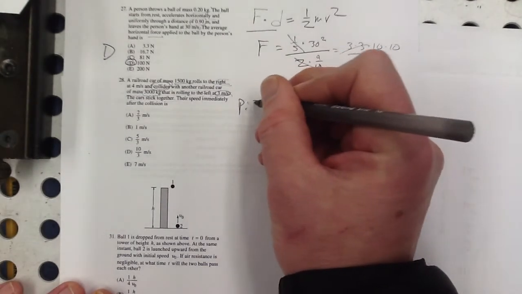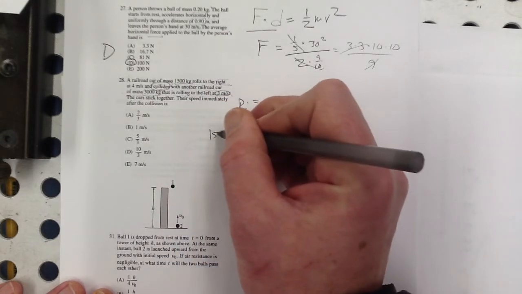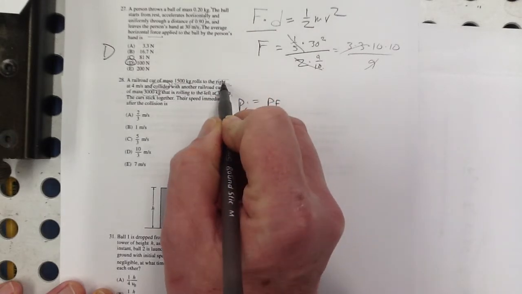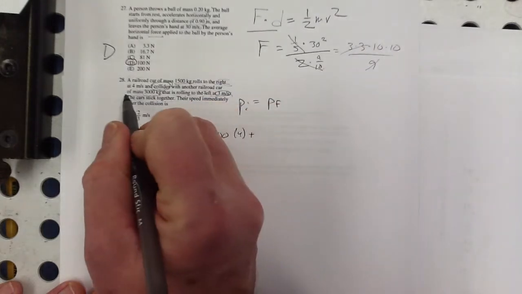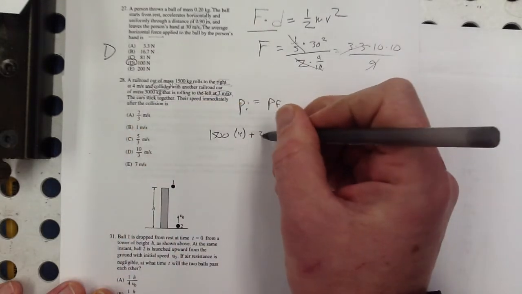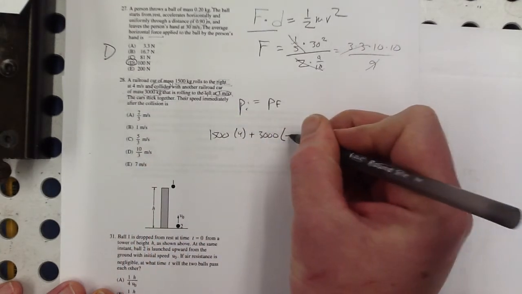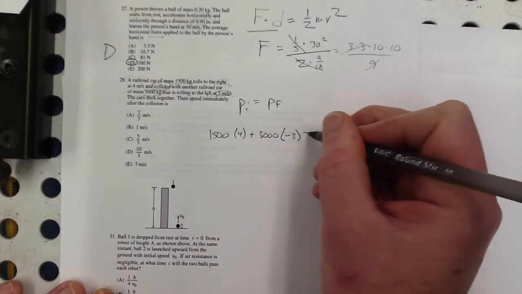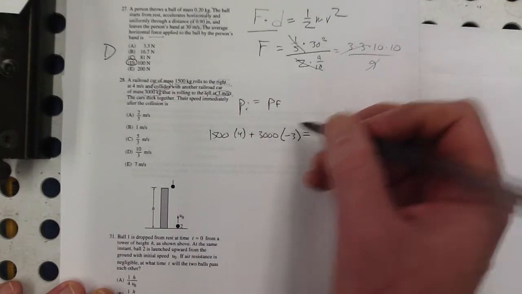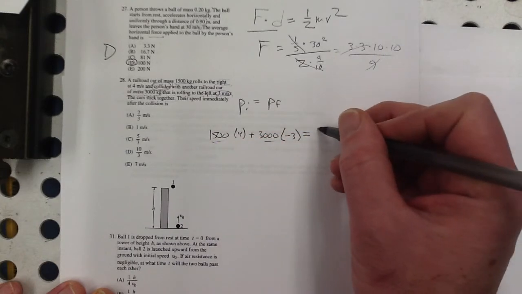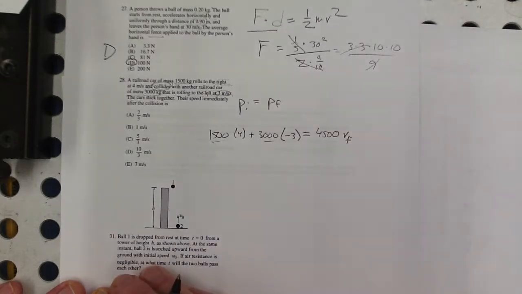So the momentum before is equal to the momentum after. So beforehand, we got 1,500 going to the right. I'll take that to be positive at 4 meters per second. And the other car of mass 3,000 going to the left at 3 meters per second. And afterwards, they're going to stick together, so the total mass is 4,500, and I don't know what their speed is afterwards.